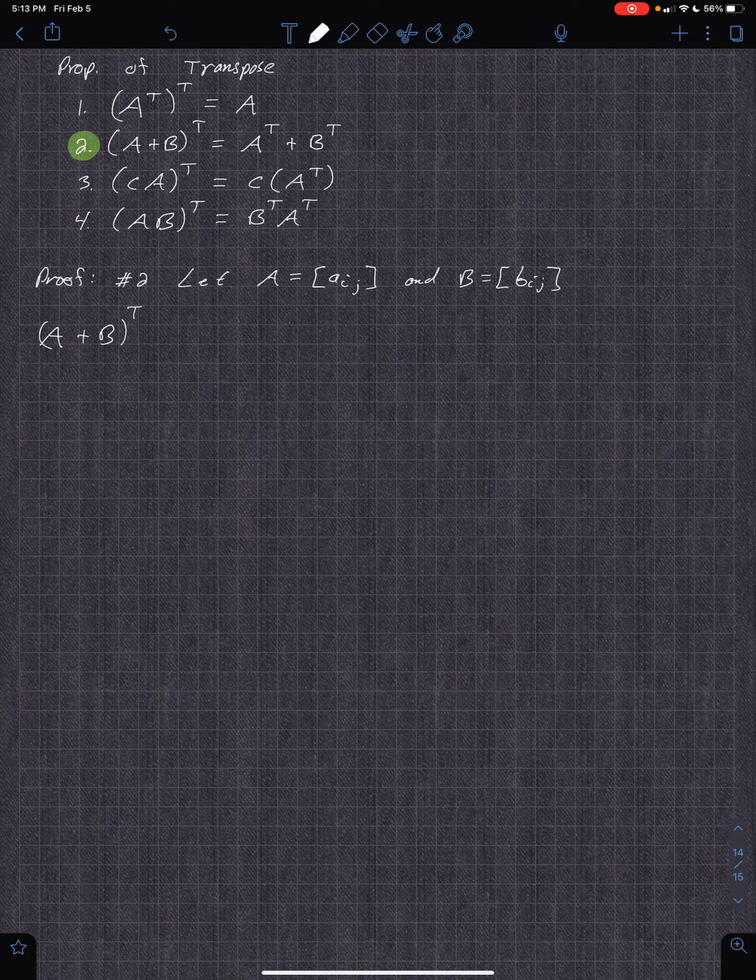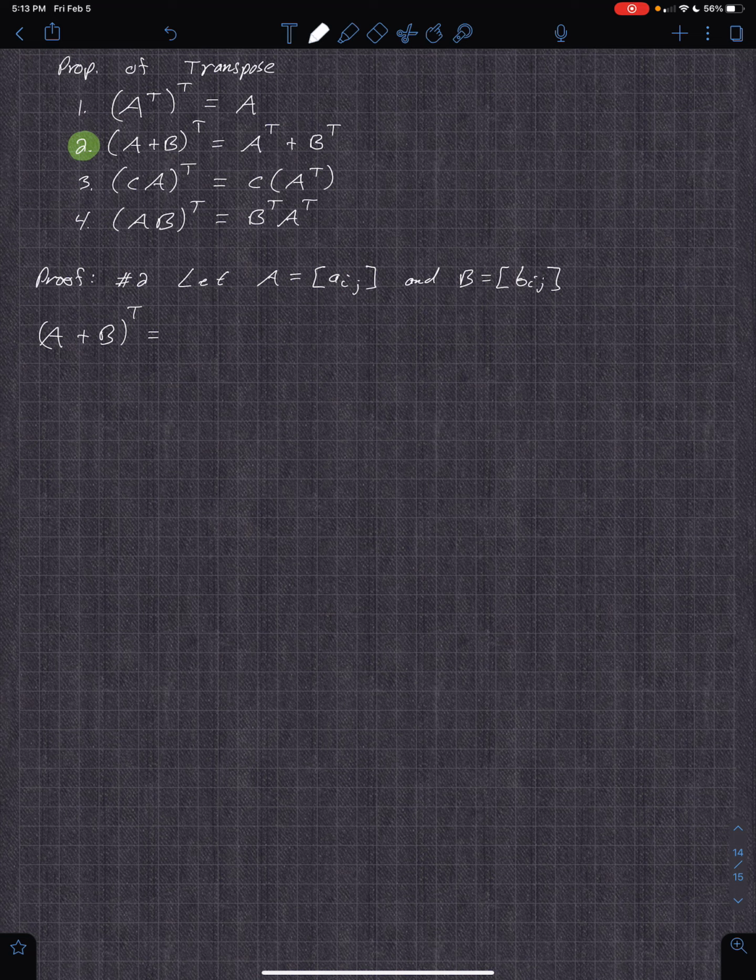You start on one side like this and you work to the other side. In between, you never want to state right away that it's equal to that. That would be assuming your conclusion. Do not do that. You want to apply a property, so apply a definition. We're going to write it in this form now as an addition.